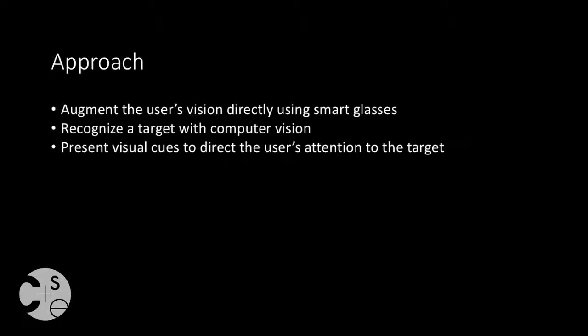And then the challenge becomes, after we've used computer vision to recognize a specified product, to design visual cues that can leverage a person's vision, even though they have low vision, and help them find the product. So direct their attention to the product and help them find it in this visual search task.